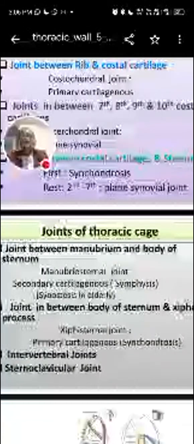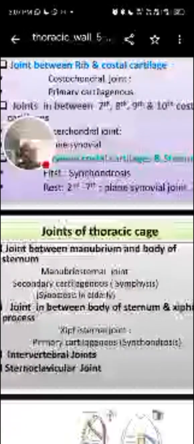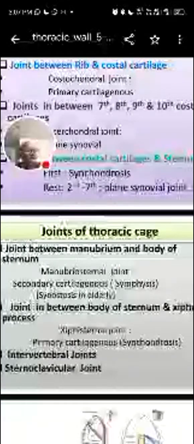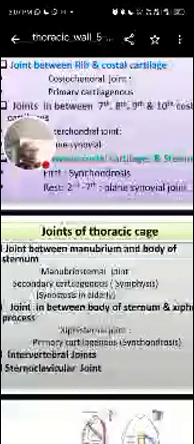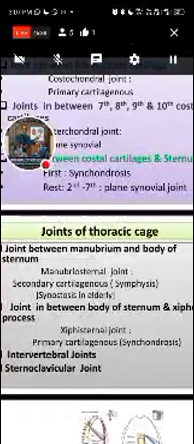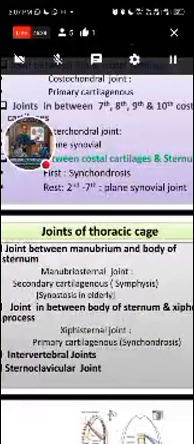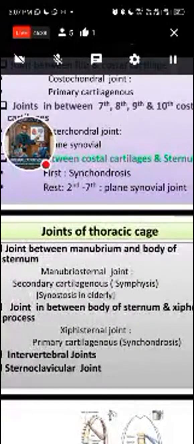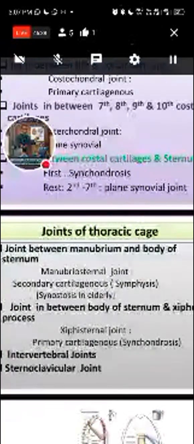I needed another book to see how to get mnemonics so you can succeed here. We've talked about costovertebral, costotransverse, costochondral. All these are costo. Then we talk about interchondral.